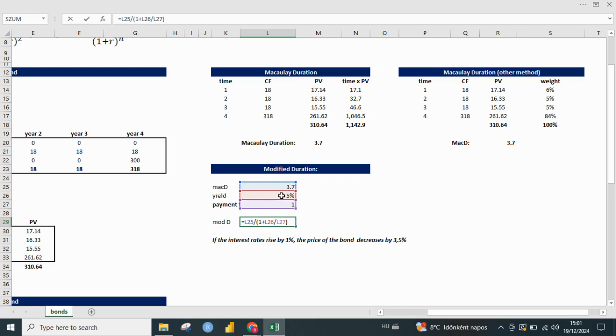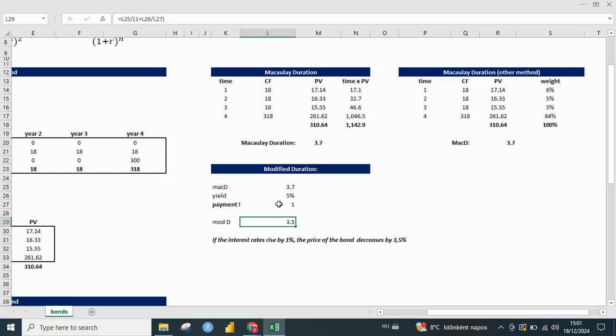Then we discount it, or actually divide it, by 1 plus the yield, which in this case is 5%, and we also divide it by 1, which is the payment frequency in a year. So now you can see that we have 3.5%.